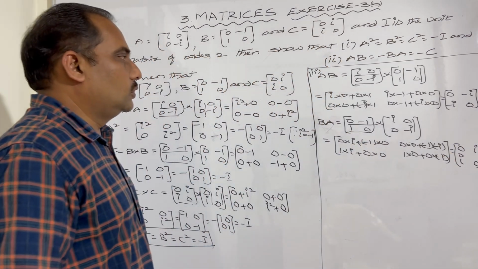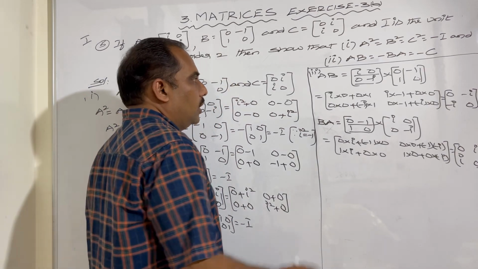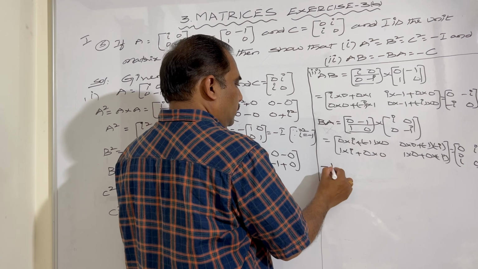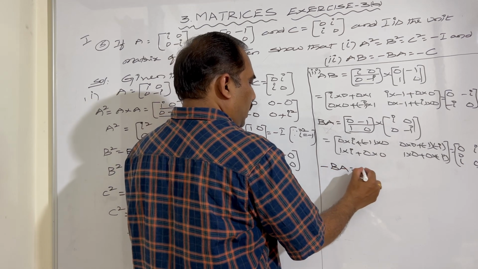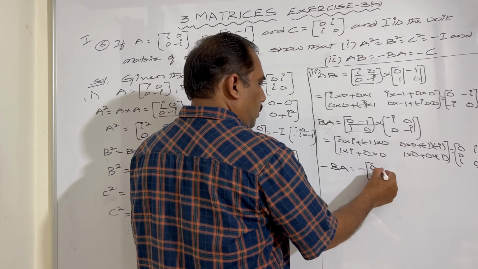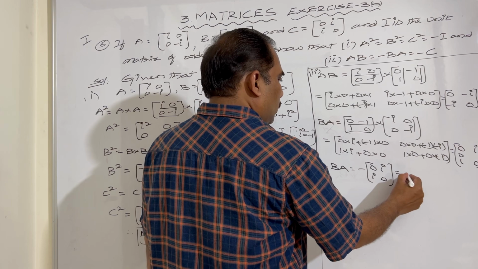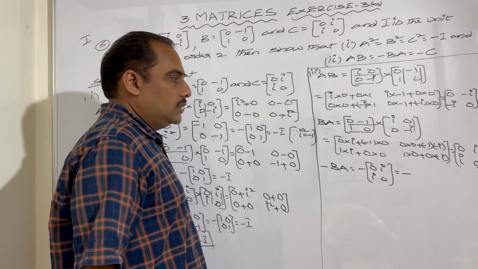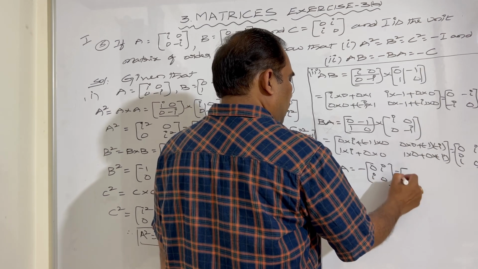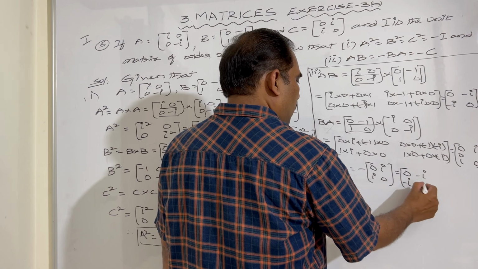See here, so AB is equal to minus BA. So we prove that AB is equal to minus BA. So here minus BA, what do we get? If you multiply the minus into the BA matrix, which is 0, i, i, 0, so if you multiply these elements with minus, what we get here is 0, minus i, minus i, 0.